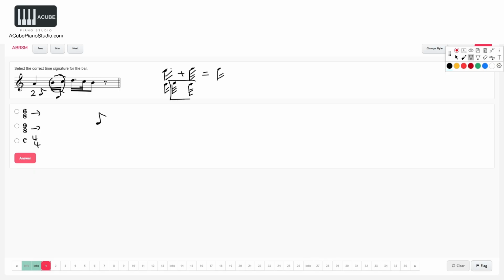These 2 demi semiquavers will add up to be equal to a semiquaver. So 2 semiquavers is equal to a quaver. So these 2 notes are equal to a quaver, followed by another quaver here, and finally this quaver here. So in total there are 2, 3, 4, 5, 6, 6 quaver beats in a bar, so it is 6/8 time.